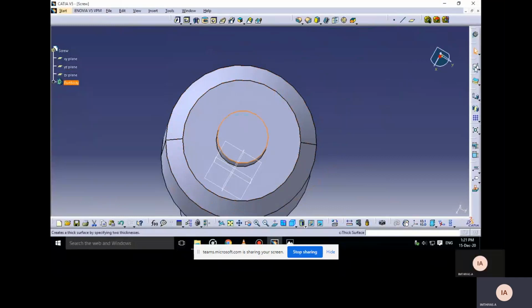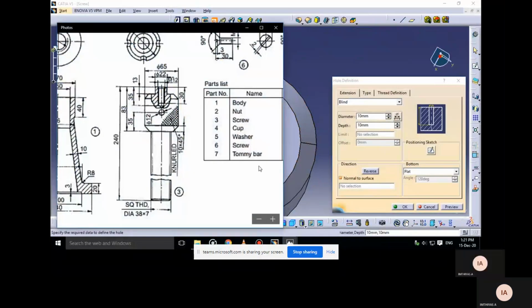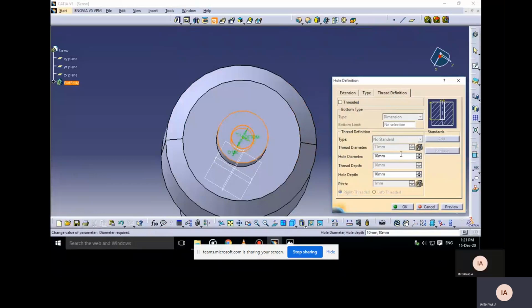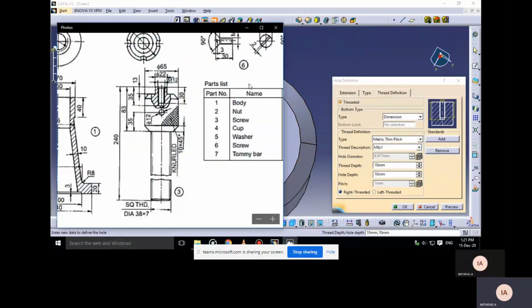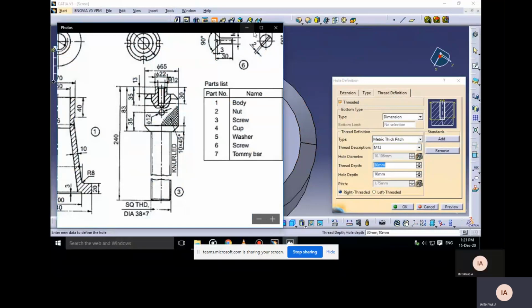Now we have to insert a hole over there. So selecting the sketch command and using the pocket command with a hole definition. The hole is of dia 22, a threaded hole of metric thin pitch of M8 type. Threaded depth is 30.